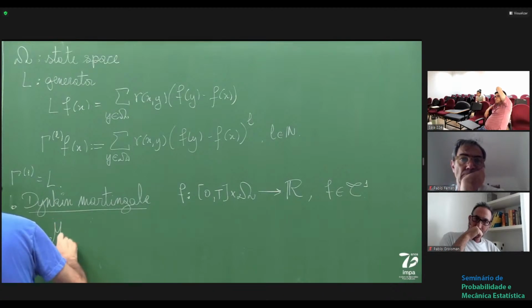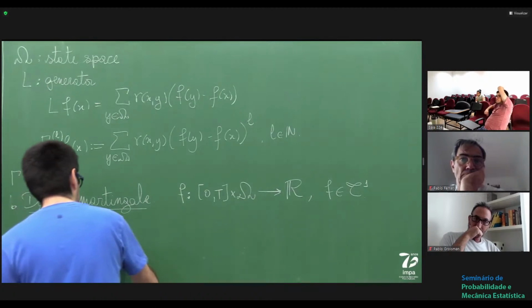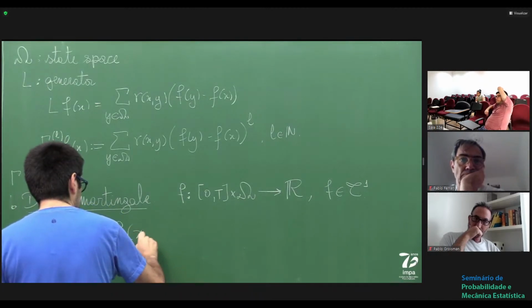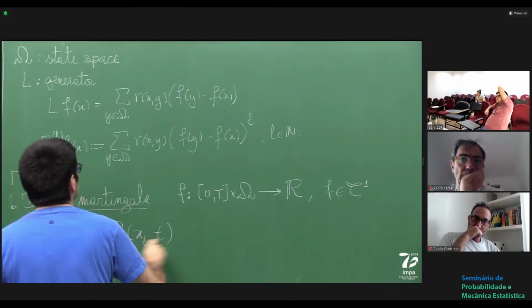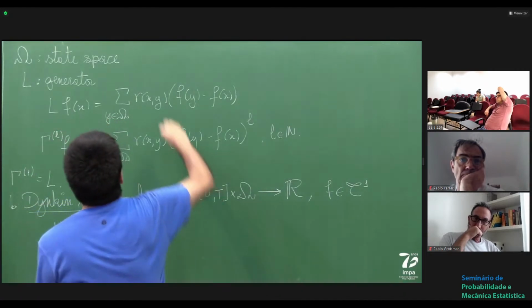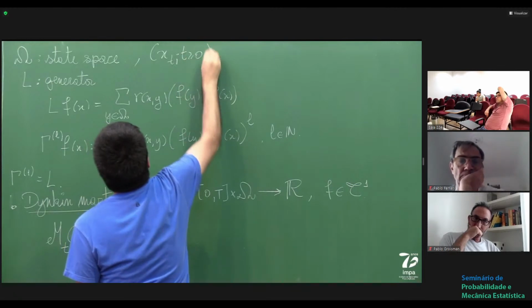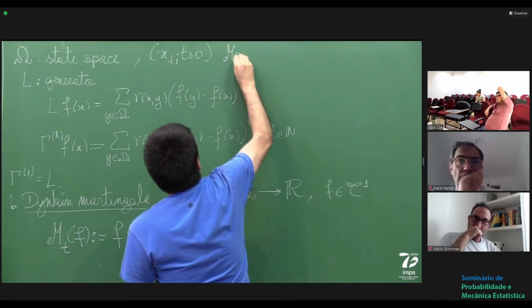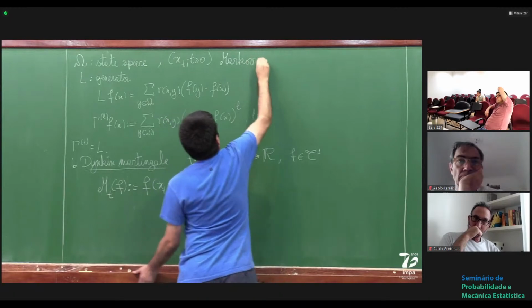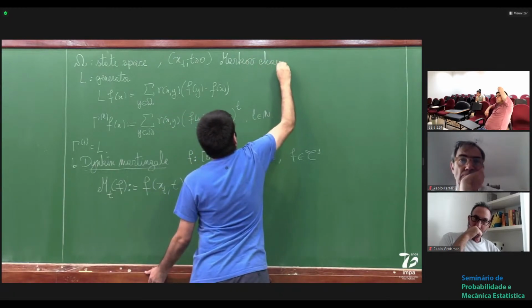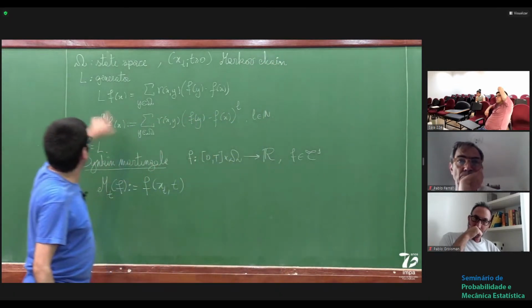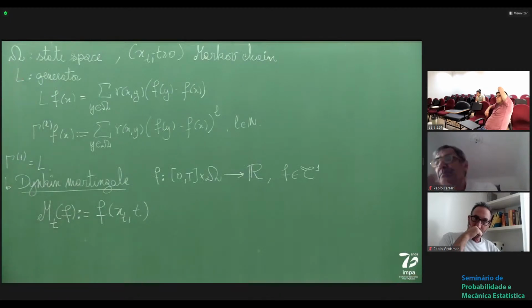So I'm going to define mt of f, so maybe I can say that I'm going to denote by xt the Markov chain generated by L on the state space omega.